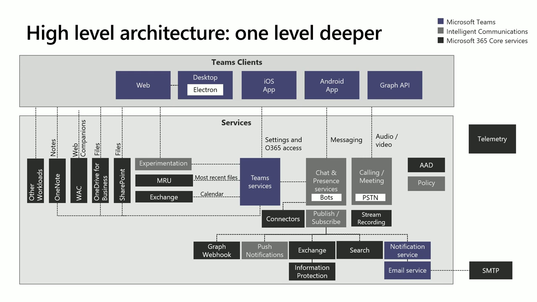Publish and subscribe, stream recording, and so forth. We're going to go into a bit more detail on that. And at the bottom are some of the microservices I was talking about, the middle tier: Graph webhook, push notifications, and the Exchange email service that also talks via information protection, Exchange Online Protection.